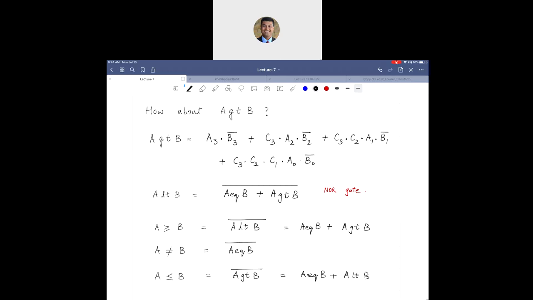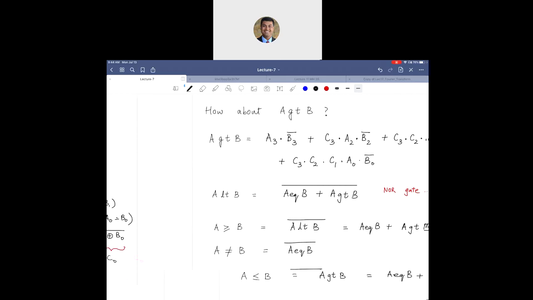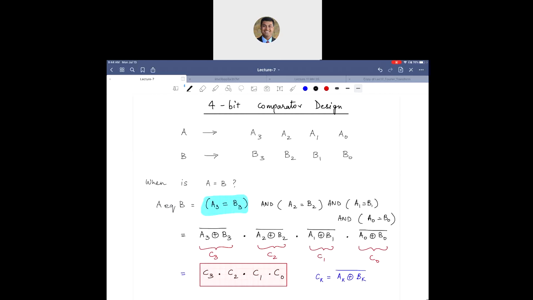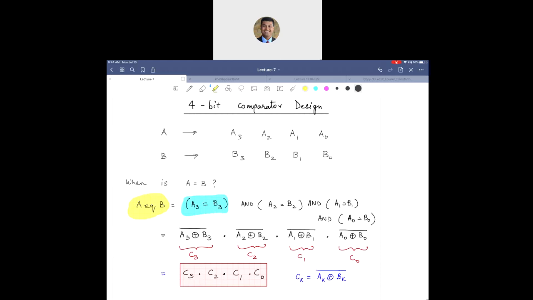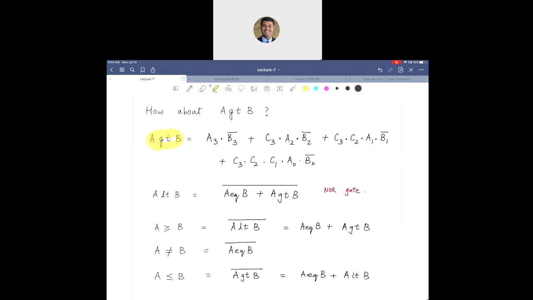What I'm trying to say here is all you need are two outputs. What are those two outputs? A equal to B and A greater than B. Using these two outputs, you can derive all the other outputs: A less than, A greater than or equal, A not equal, A less than or equal.